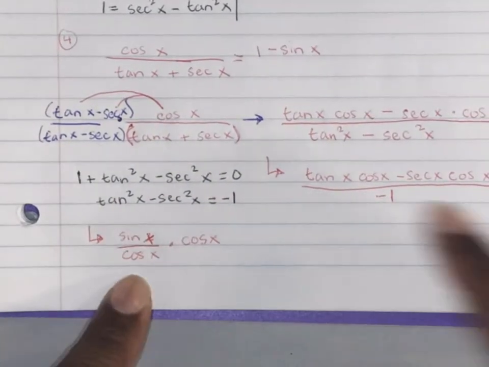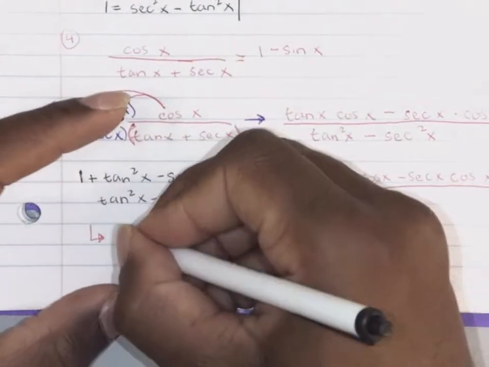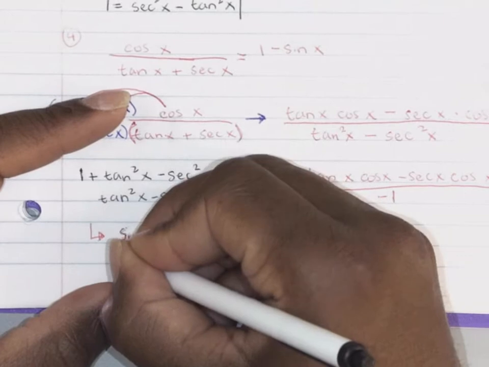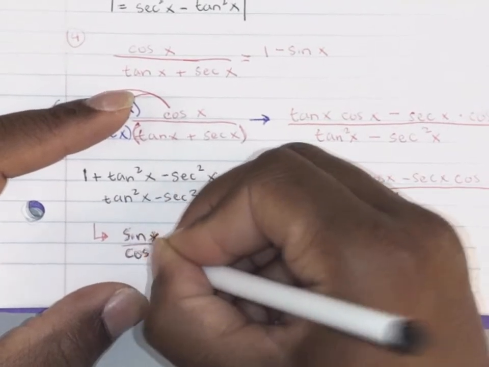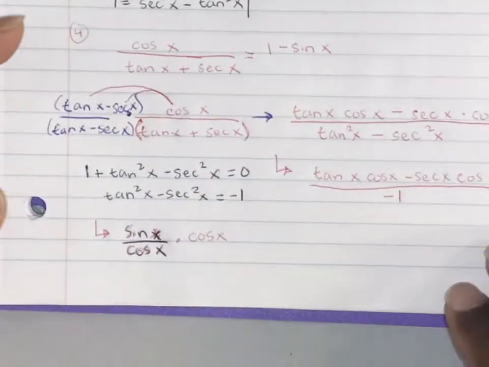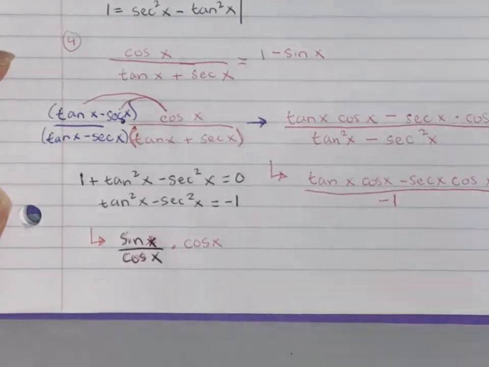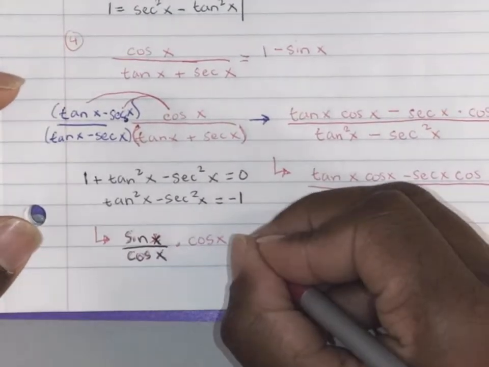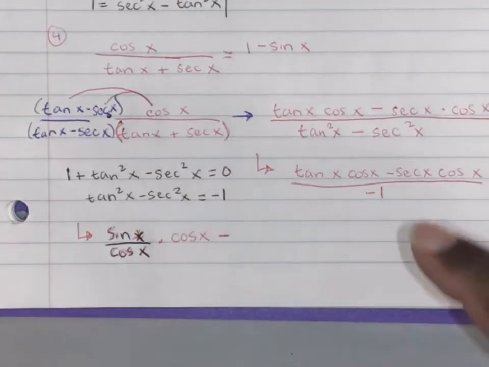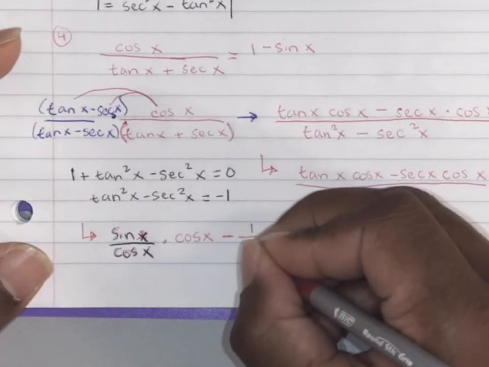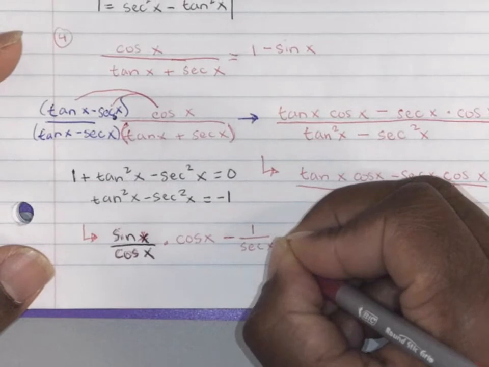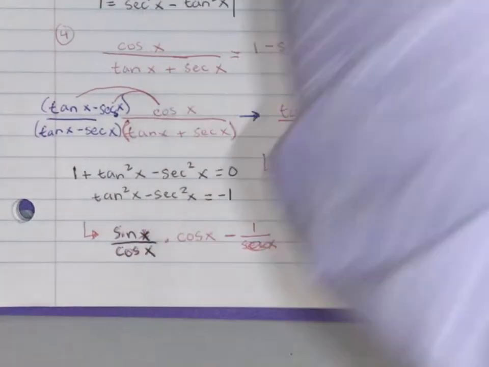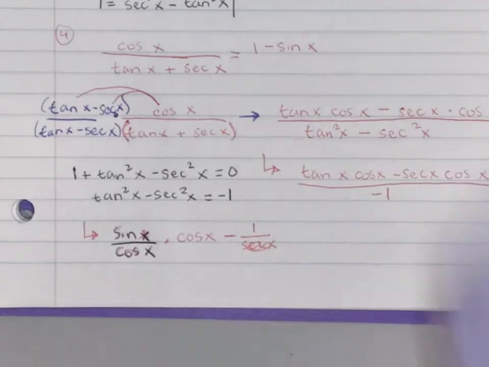So let's do this. Sine x over cosine x is what tangent was, but I used the quotient identity to write it like so. Cosine x is what I already had, then minus, if I do the reciprocal identity for secant, I get 1 over secant, 1 over cosine.